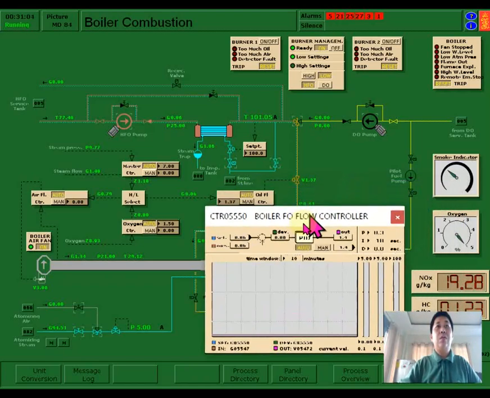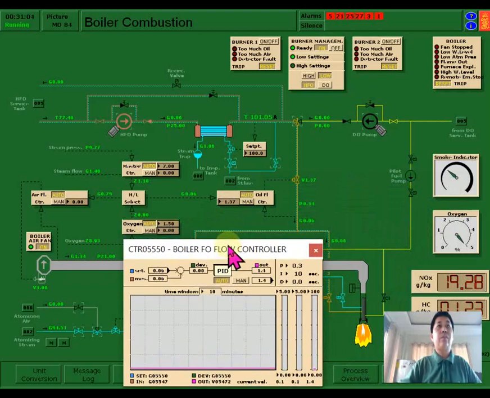This fuel oil flow control is controlled by your PID or proportional integral derivative controller.